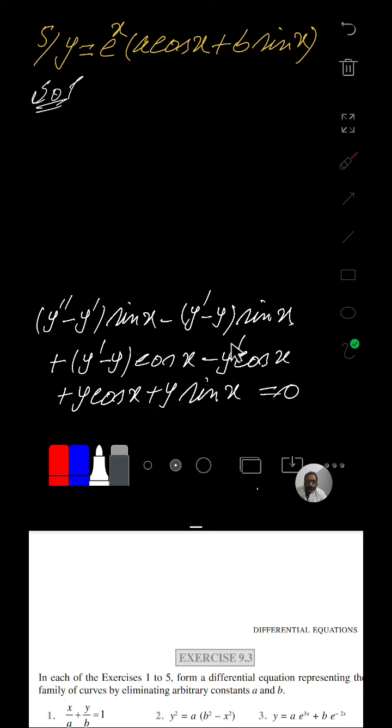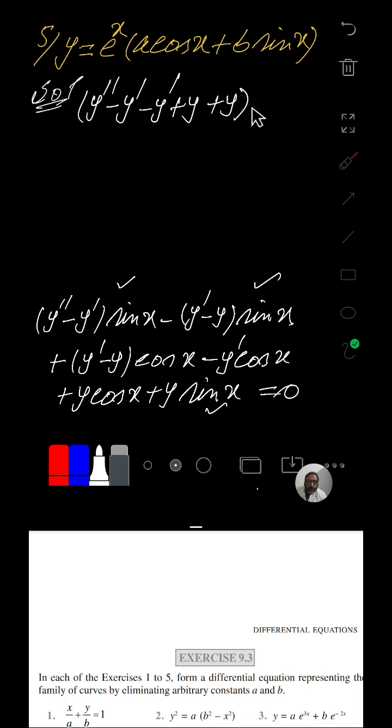Now proceeding from this step, we have to take sin x common out of the terms having sin x, that is this term and this term and this term. So inside the bracket we have y double dash minus y dash. Here we get minus y dash plus y, and from here we get plus y sin x.